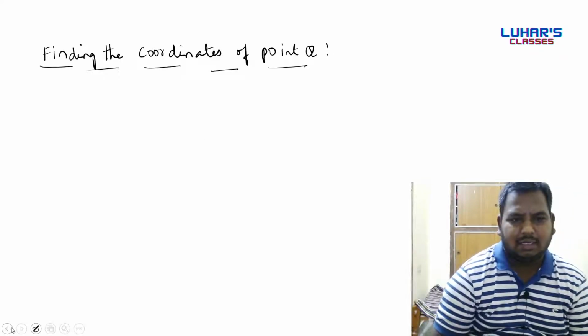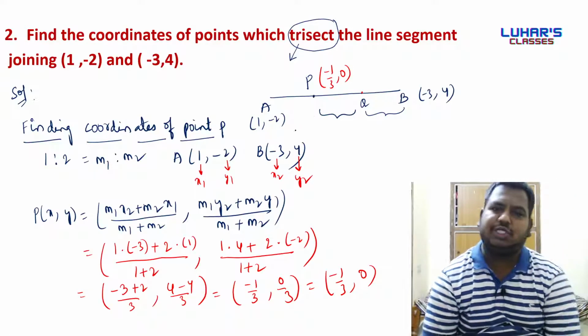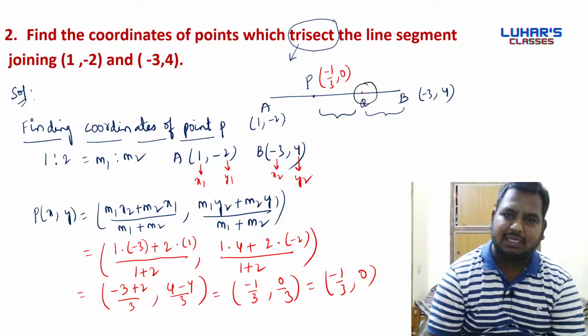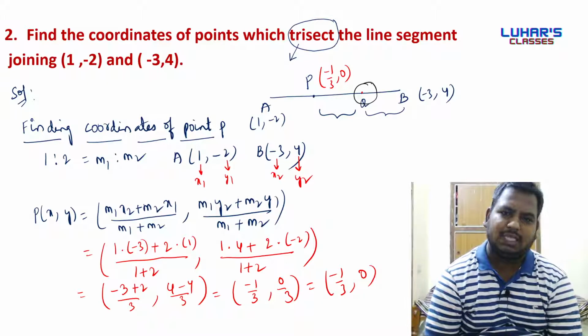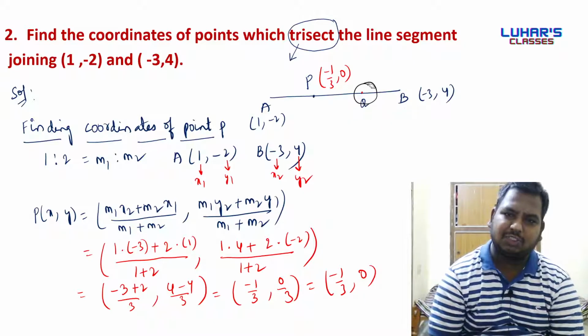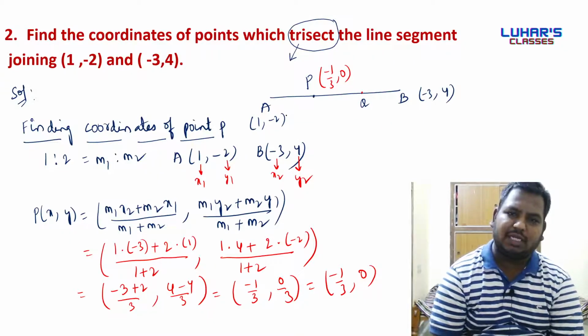Done. Now, in what ratio is the point Q dividing the line segment AB? That can be known if we just look at the parts. Before point Q, how many parts do we have? On the left side of Q we have two parts: one part is AP, the other part is PQ.